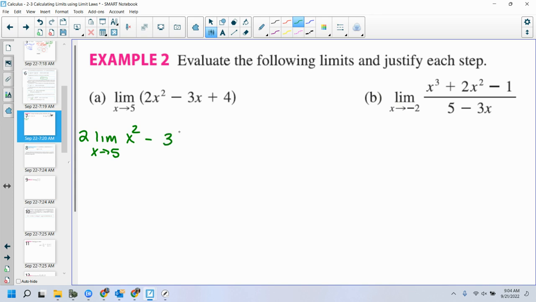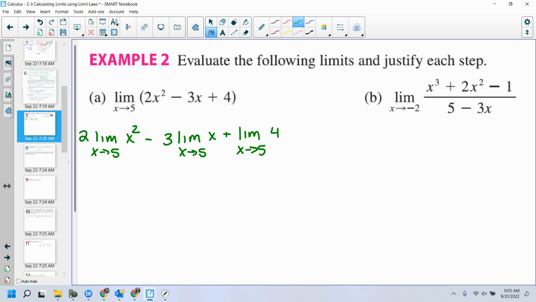Minus 3 times the limit as x goes to 5 of x, plus the limit as x goes to 5 of 4. See what I did there? All I did was push the limit into the function, where I took the constants that were the coefficients and put them as the coefficients of the limit.